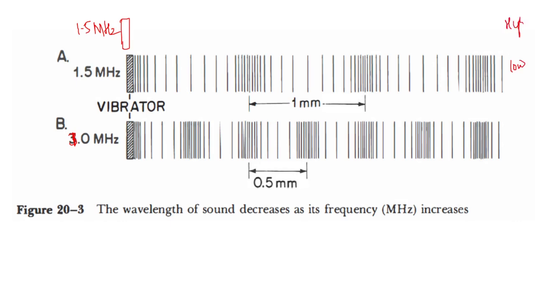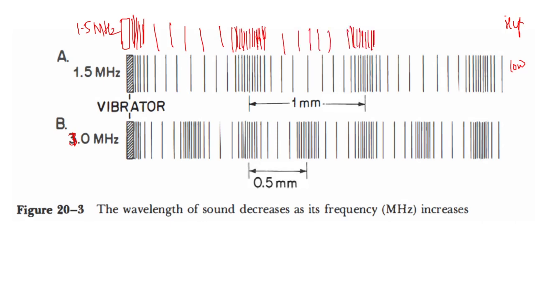With high intensity, the compressions will be denser and the rarefactions will be lighter. Compressions will be even denser, and rarefactions lighter. That is the difference between high amplitude and low amplitude.